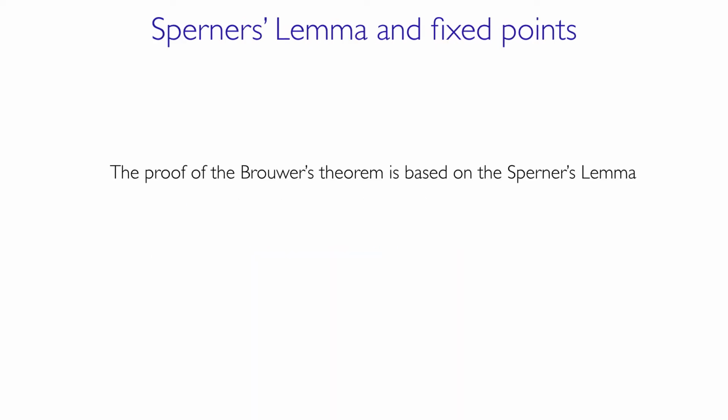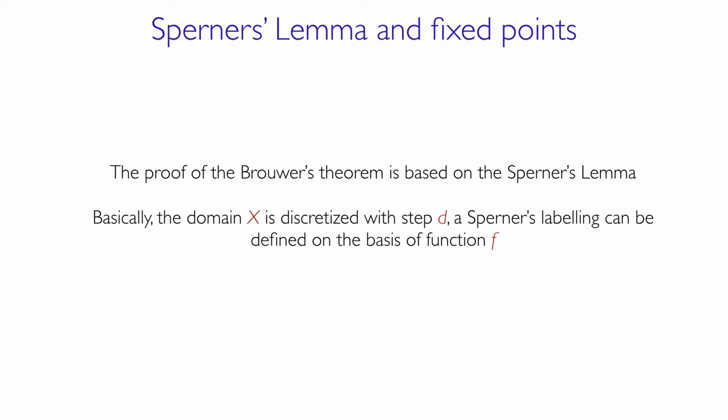The Brouwer theorem is strictly related to Sperner's lemma. Indeed, the proof of the Brouwer theorem is based on the Sperner lemma. The idea behind the proof is to discretize the domain x with a step d, and use the Sperner lemma to label the space on the basis of a function f.